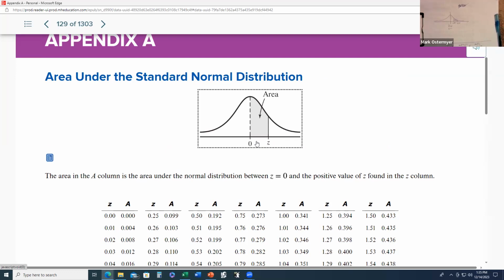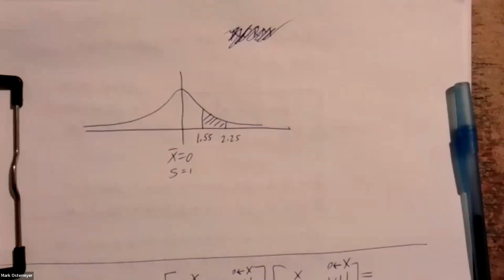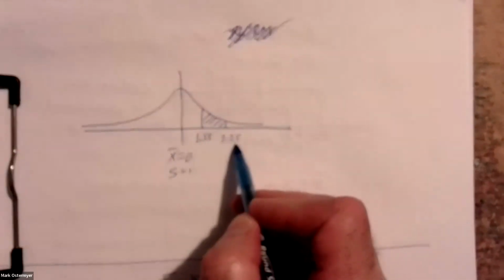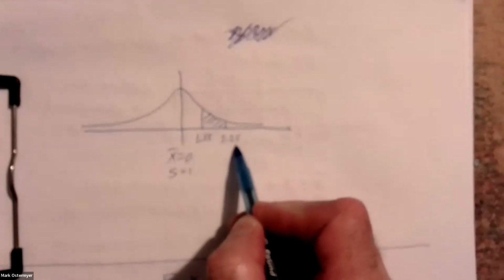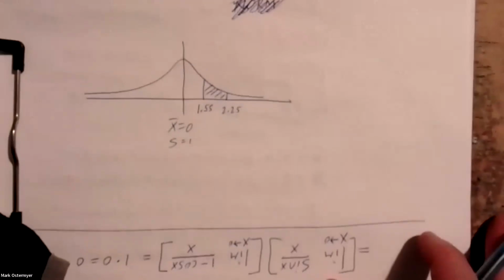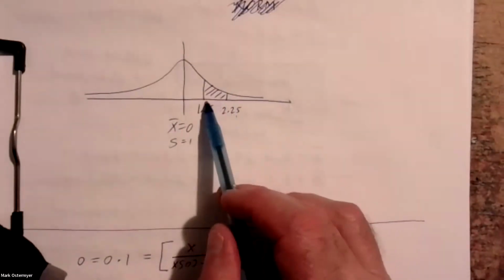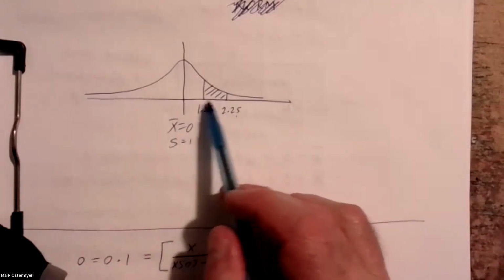And so, ladies and gentlemen, what are we trying to compute here? We're trying to compute the area from 1.55 to 2.25. Well, unfortunately, our table doesn't work this way. It doesn't compute areas between two z-values, but it will compute the area from 0 up to a z-value.